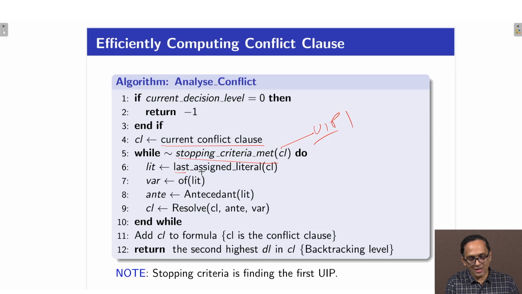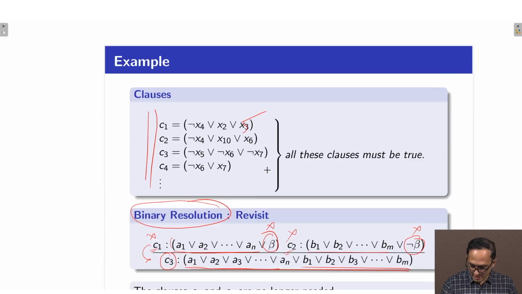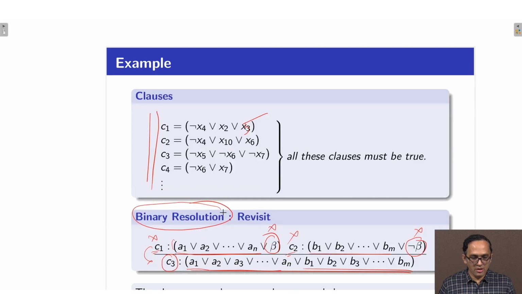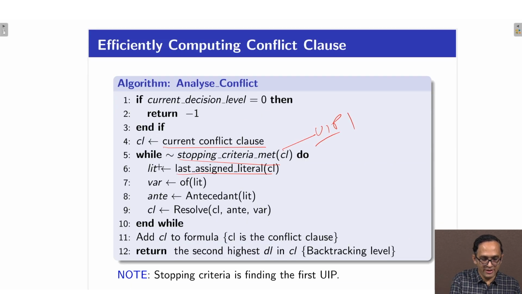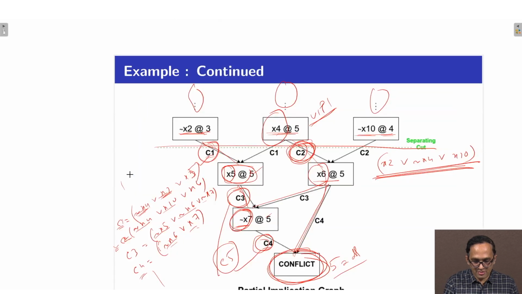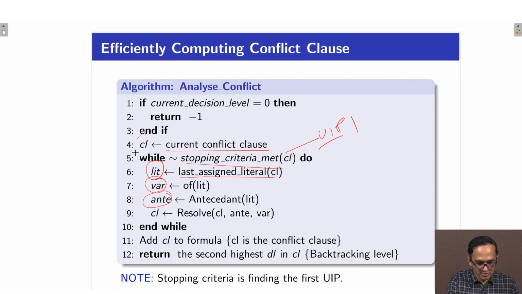Then I identify the last assigned literal, which is basically x7, so I get not of x7 and the variable is x7, and then I identify the antecedent of this variable, which in this case is C3. So I got C3 and the current clause C4.